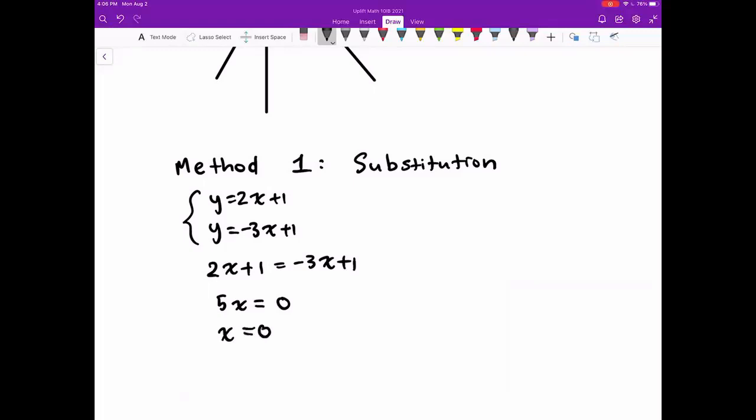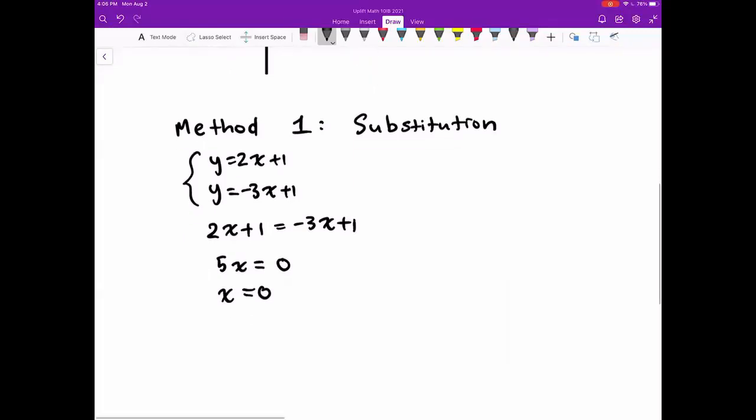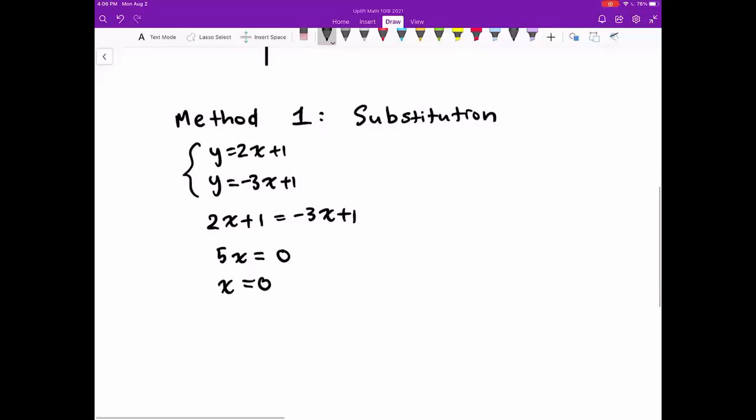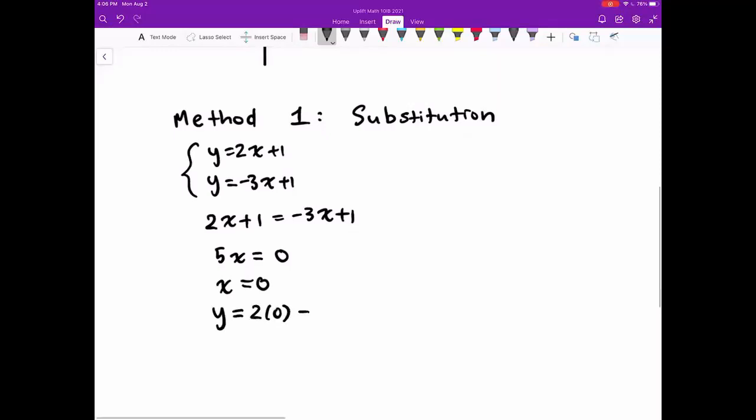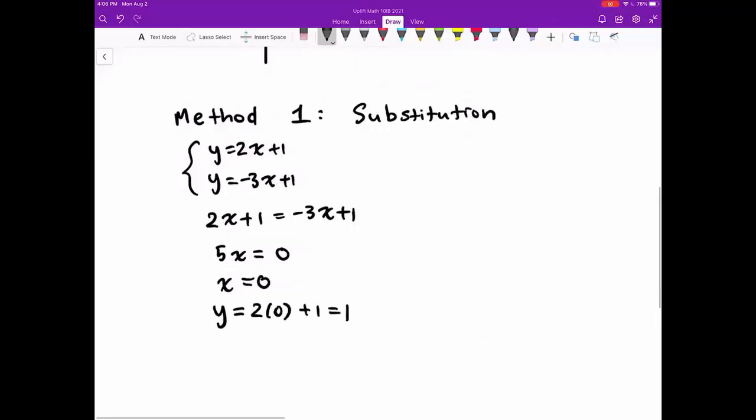And then to solve for the y value, we can choose a random equation from above, for example y equals 2x plus 1. We just put the x value, which is 0, back into the equation, and we'll get the y. So y equals 2 times 0 plus 1, and that will mean y is equal to 1. To express this answer, we put it as an ordered pair, so it's 0, 1.